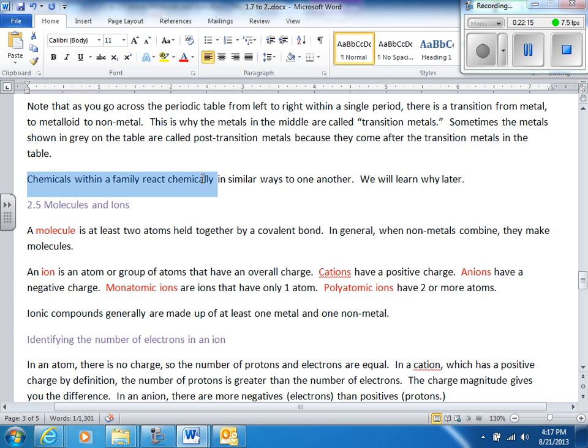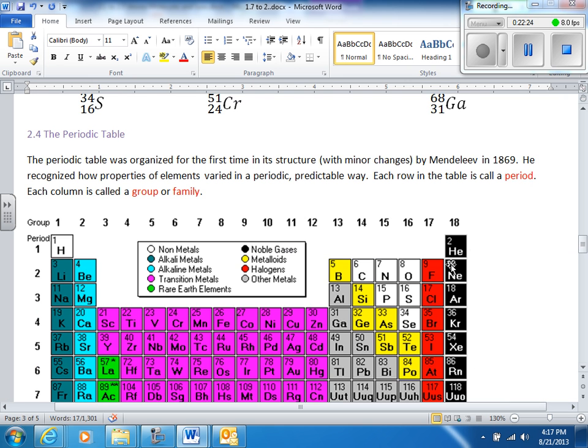Okay, this is very important. You should highlight this. Chemicals within a family react chemically in similar ways to one another. So if you're told fluorine reacts with beryllium to form BeF2, then chlorine should also form BeCl2 or BeBr2. You don't have to know that fact.